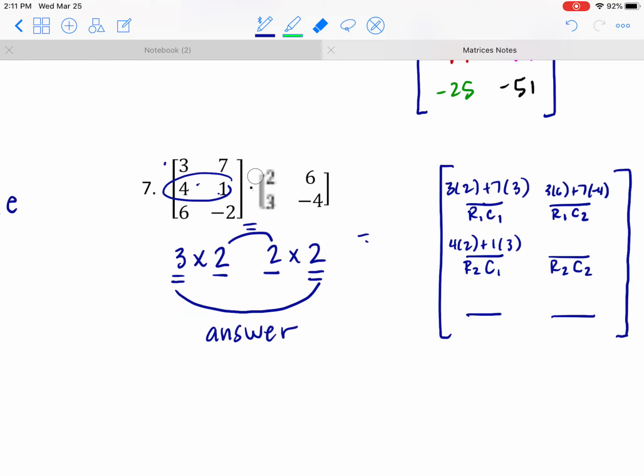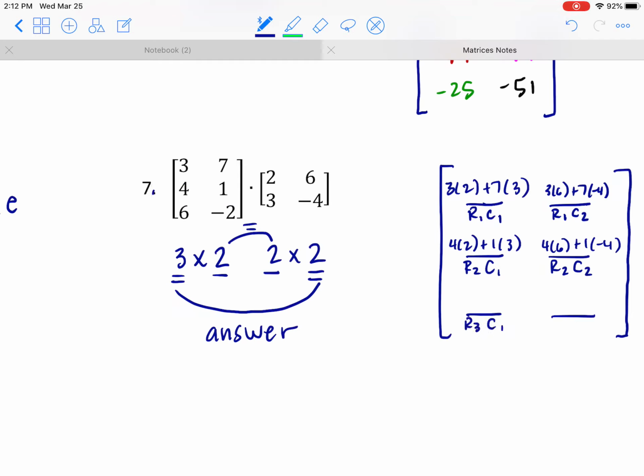This is still row 2, but now column 2. So I'm going to use row 2, column 2. So 4 times 6 and 1 times negative 4. Okay, we're getting there.